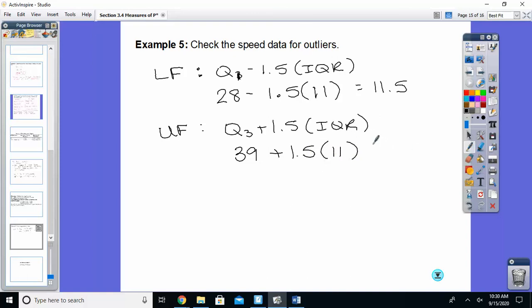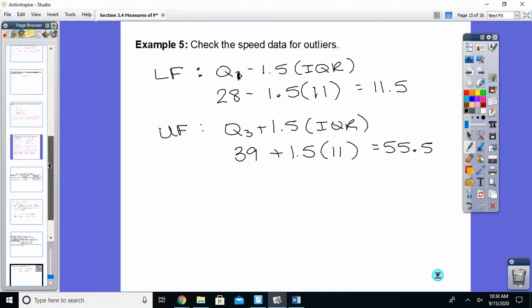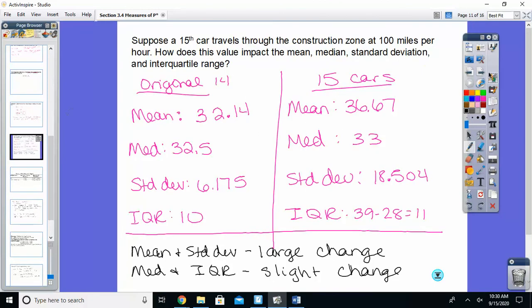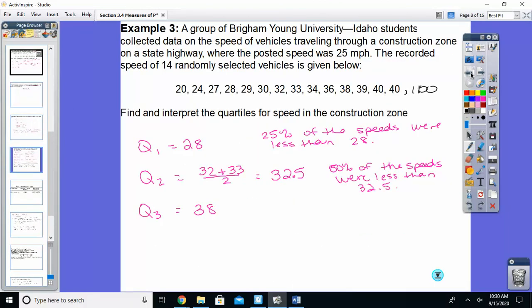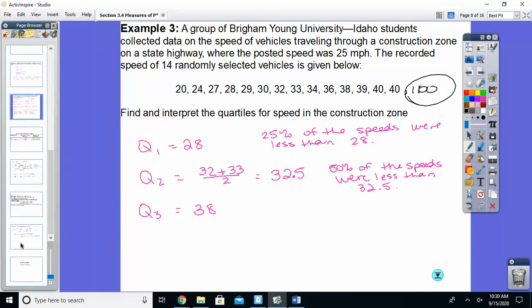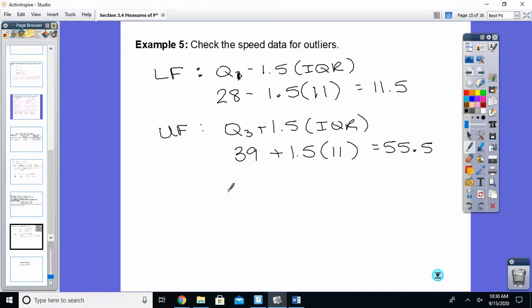And we get 55.5. So that means any speed above 55.5 was an outlier. So did we have any outliers there? Yes, just the 100. The 40s were okay. So the 100 miles per hour is an outlier.